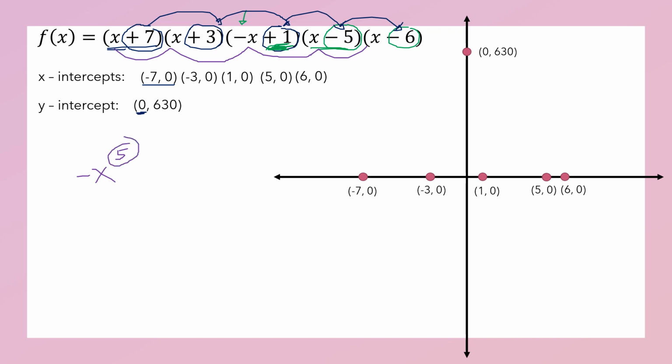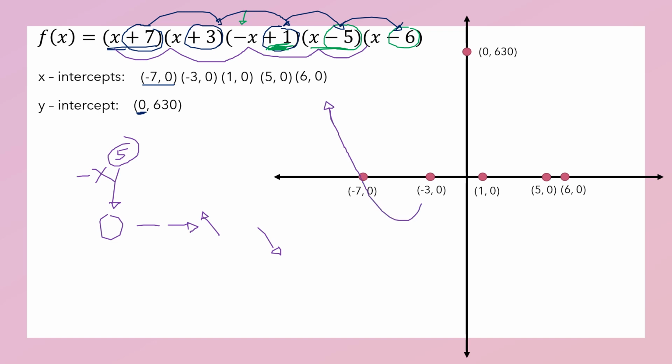So our degree is odd, and this odd degree is accompanied by a negative coefficient. Using the idea under the leading coefficient test, therefore, our behavior will rise on the left side but will fall on the right side. Okay, so we start here on the left side by rising, then connecting our dots properly.